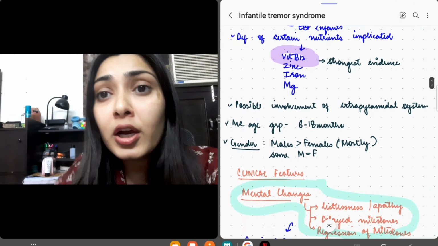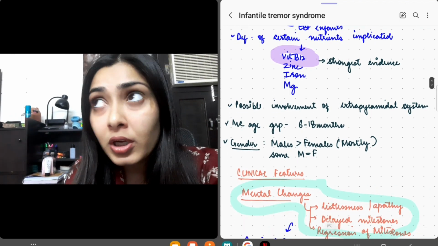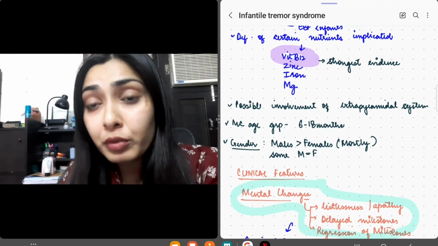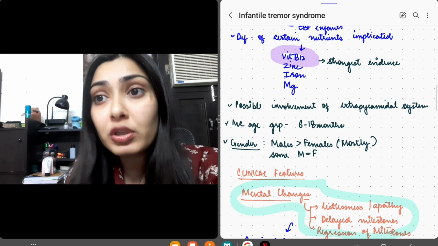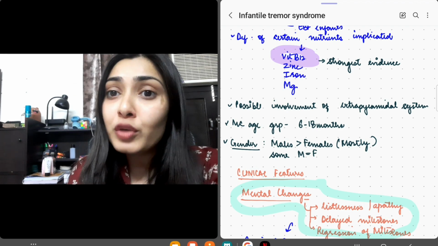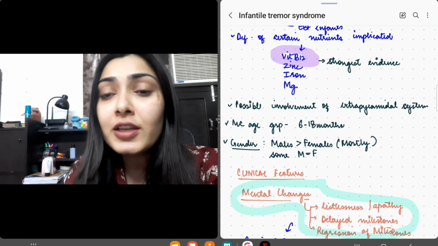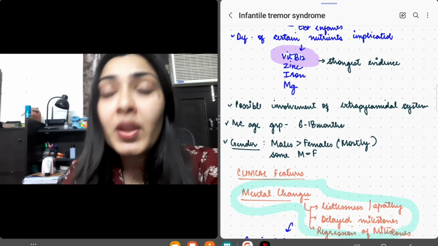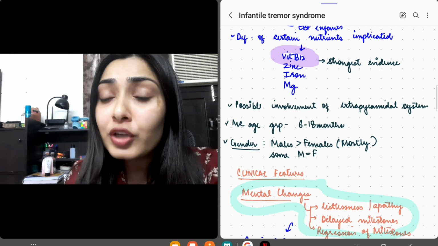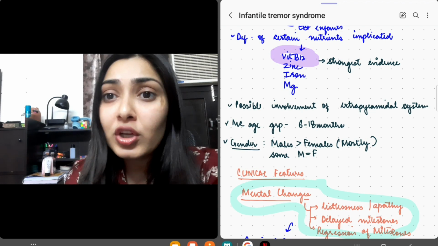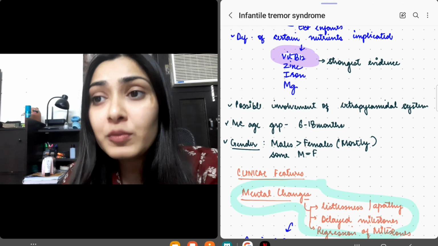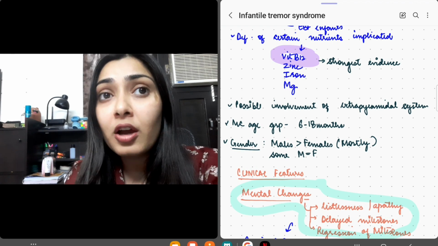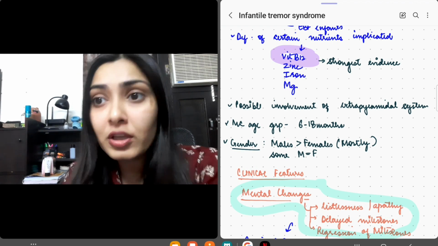It is also thought that there is possible involvement of the extrapyramidal system because of the tremors involved, right? The most common age group, as we discussed earlier, is the infantile age group. The range is 6 to 18 months. Coming on to gender predilection, there is no specific gender predilection, but some studies show that males are afflicted more than females.